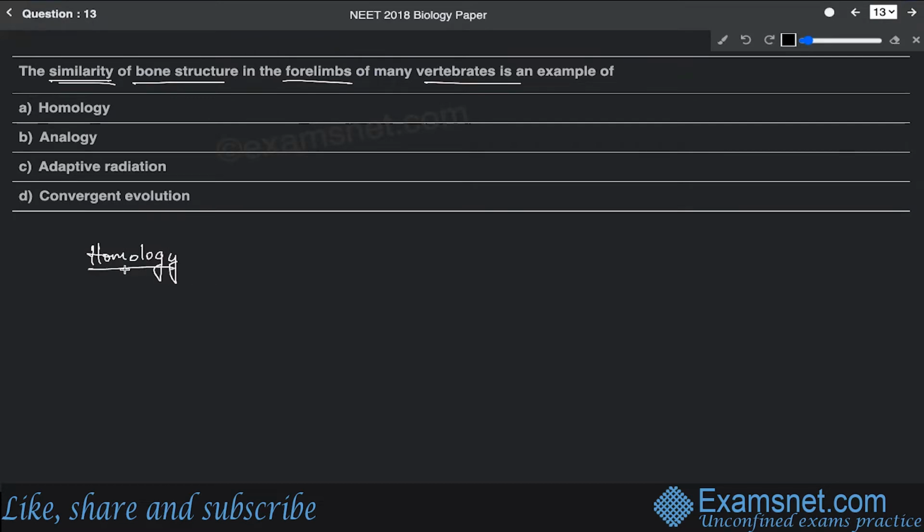So basically, since the first option is homology, we will start with the first option itself. Now, homology basically represents those structures which are structurally similar. That means the organs which are structurally similar, but they are functionally different, you can say.